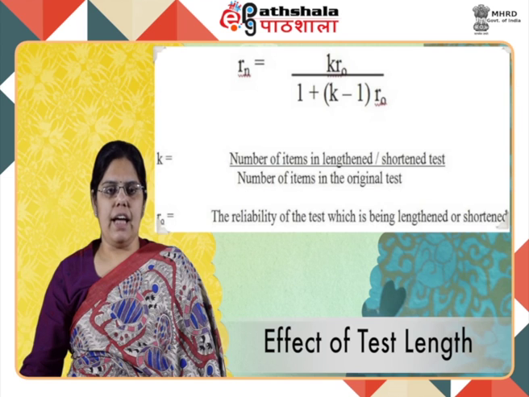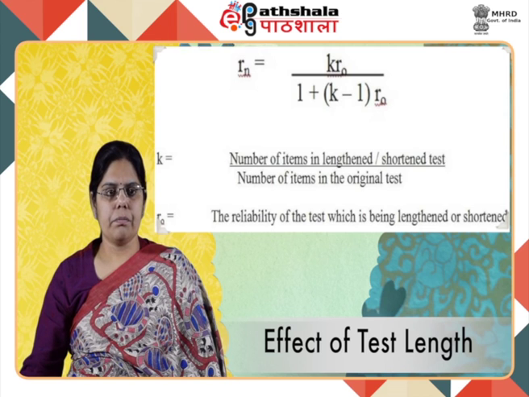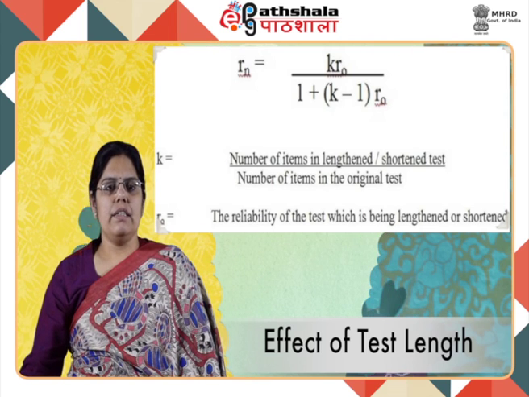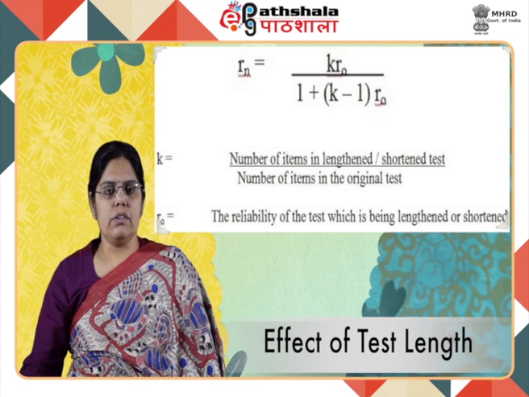Mathematically represented as K is equal to number of items in lengthened or shortened test divided by number of items in the original test. RO is the reliability of the test which is being lengthened or shortened.